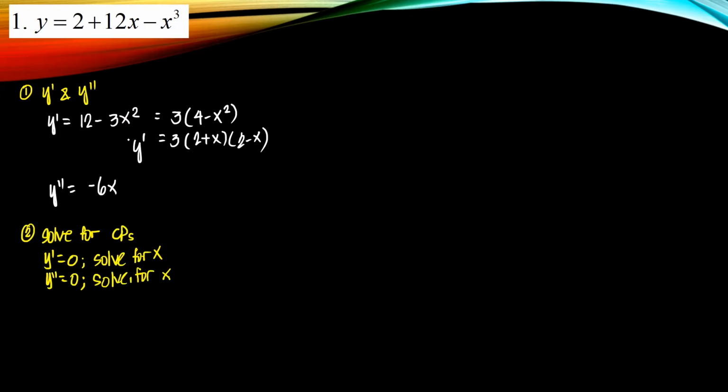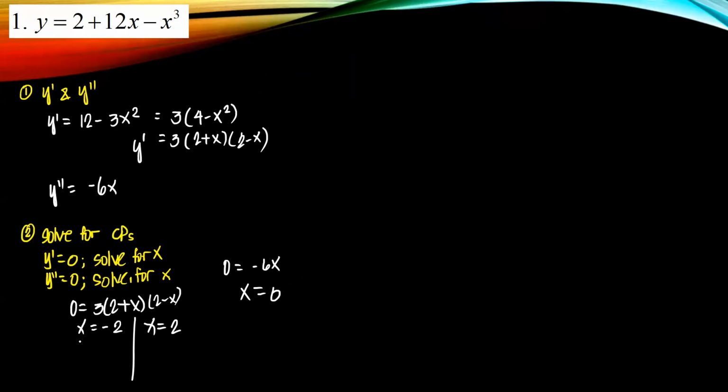Okay, so let's go to the first one. 0 is equal to 3 times 2 plus x times 2 minus x. Therefore, x is either negative 2 or positive 2. Now, let's go to the other one. Y double prime is 0. So 0 is equal to negative 6x. That means x is 0.